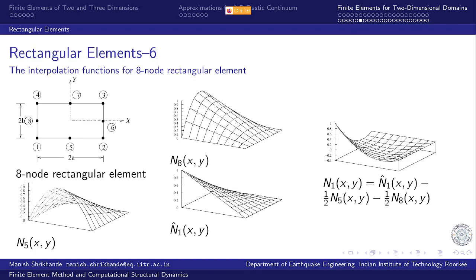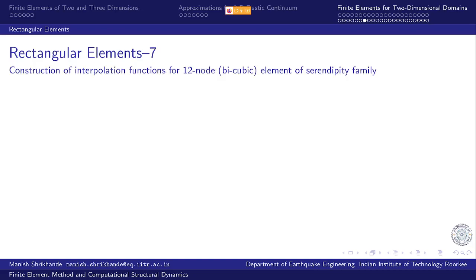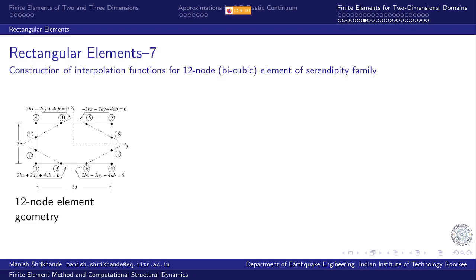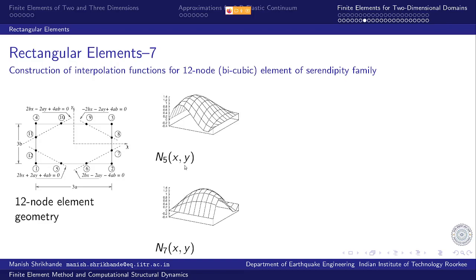And similarly, this is for the 8 noded element, serendipity element, and for 12 node bicubic element, bicubic because it is cubic along x and cubic along y, along the edges. So this element's interpolation functions are obtained by first constructing the interpolation model for n5 and let's say n7 by multiplying these.